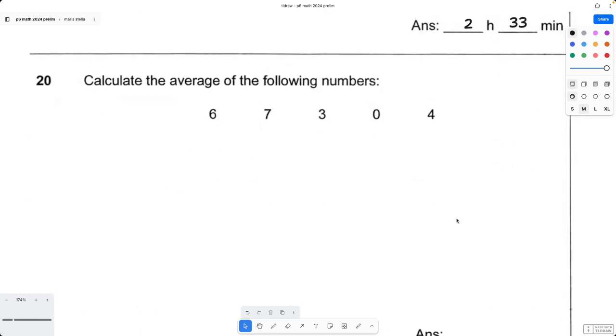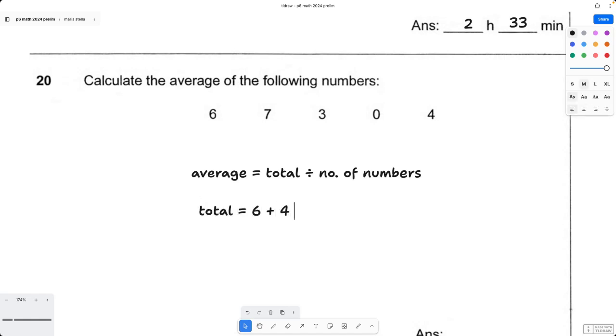Question 20. Calculate the average of the following numbers. Average is equal to the total divided by the number of numbers. So let's get the total. Total is equal to 6 plus 7 plus 3 plus 0 plus 4.